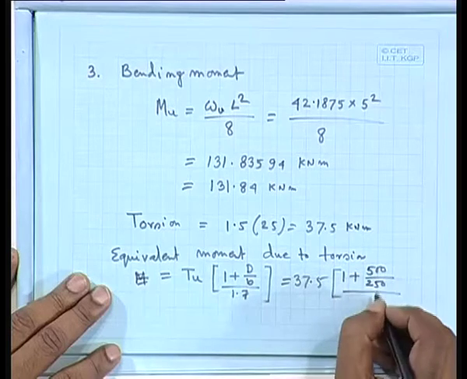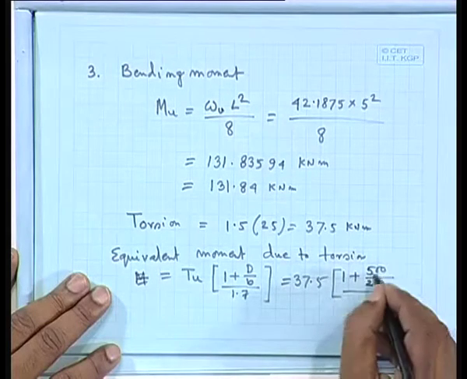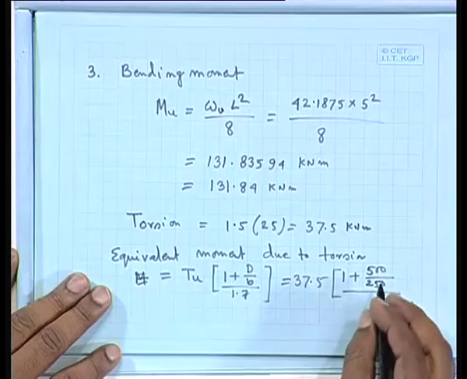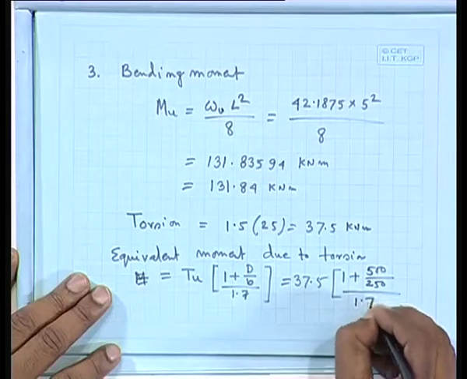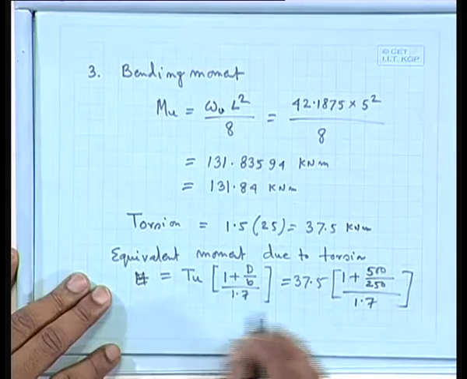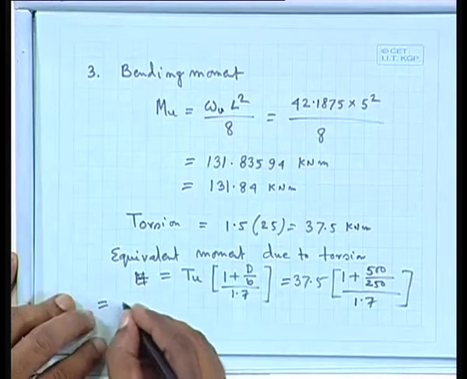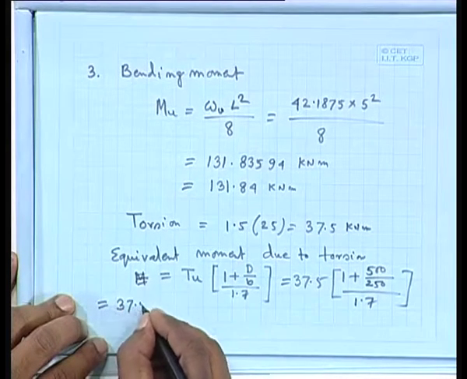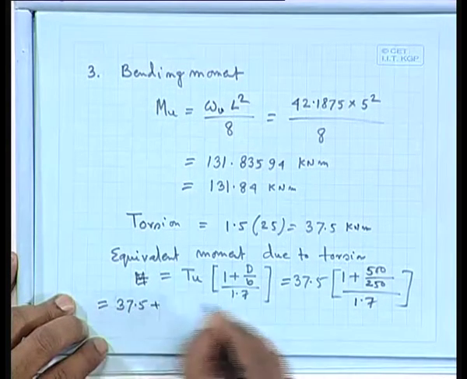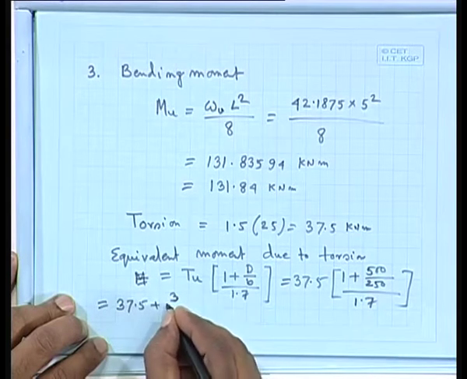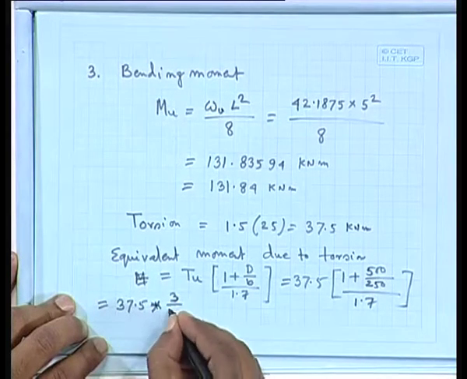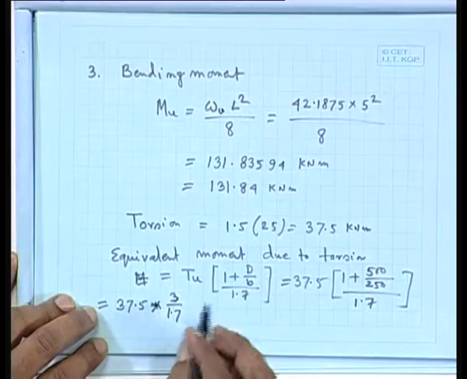You can take it 0.5, 0.25 also, but after all we are taking this in millimeter, so it cancels here, and 1.7, which comes as 37.5 multiplied by 3 by 1.7.